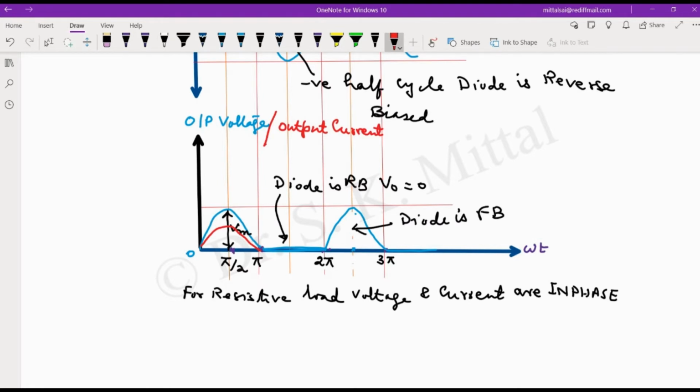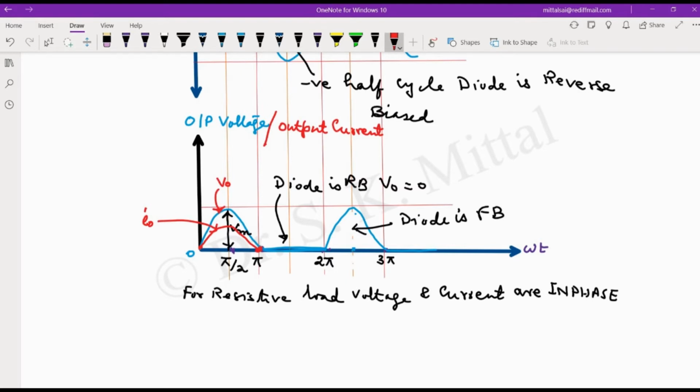Here this is the output voltage V0 waveform, and in red color, this is the output current waveform. Output voltage and output current are in phase because these two waveforms start from omega t is equal to 0 and terminate at omega t is equal to pi. Therefore, output voltage and output current are in phase.